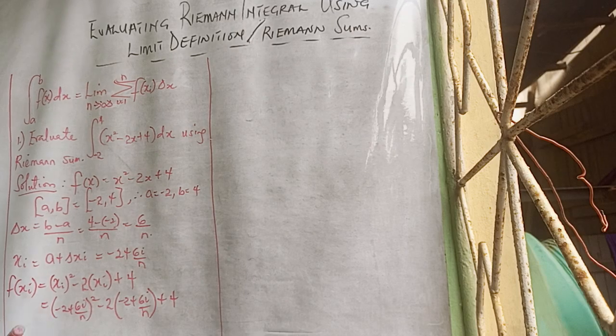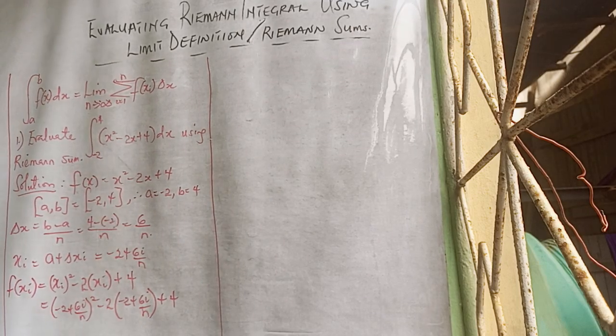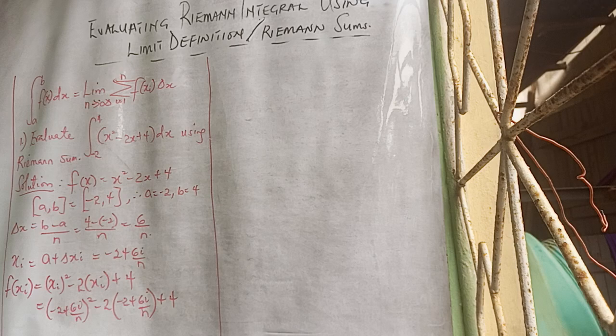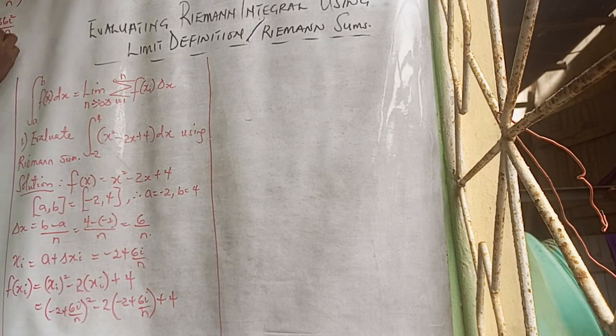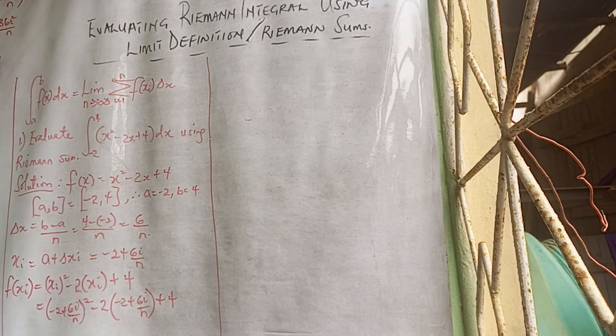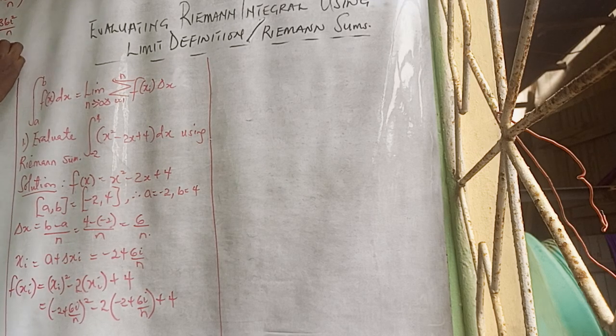I need to do something to that. Expanding that, minus 2 plus 6i over n into minus 2 plus 6i over n, that gives me 4 minus 12i over n minus 12i over n plus 36i squared over n squared. If I rearrange, 36i squared over n squared minus 24i over n plus 4.